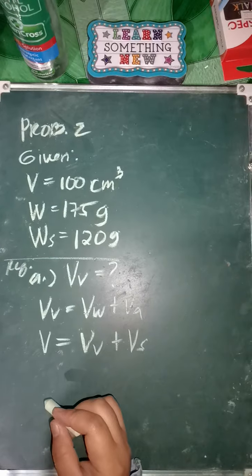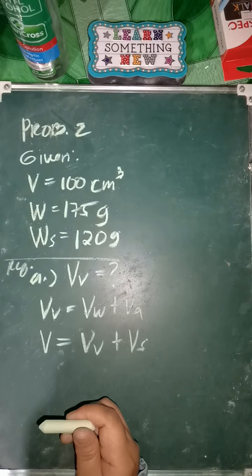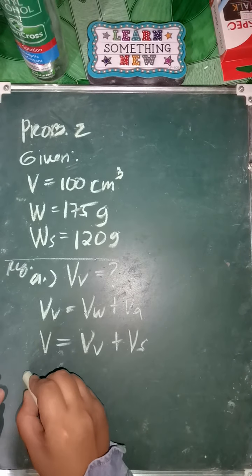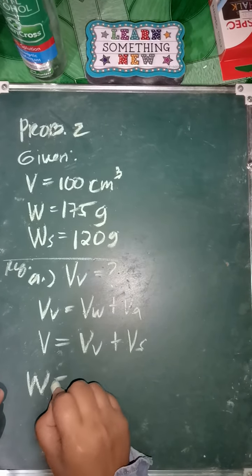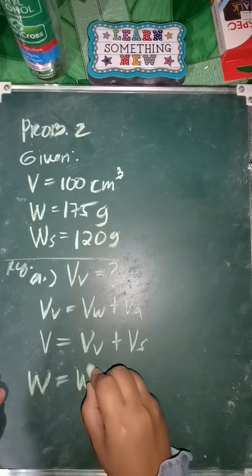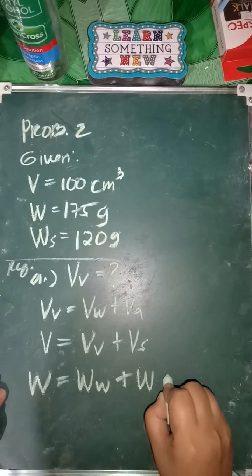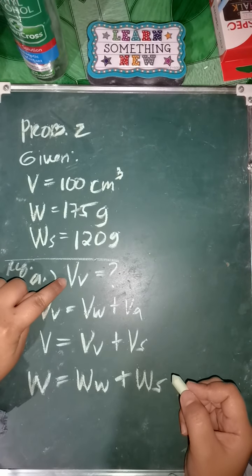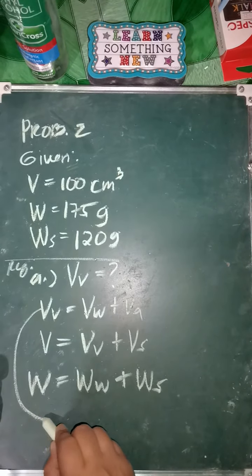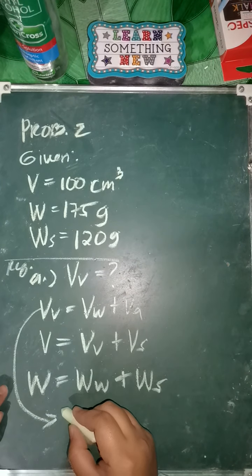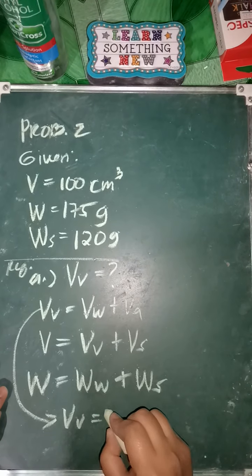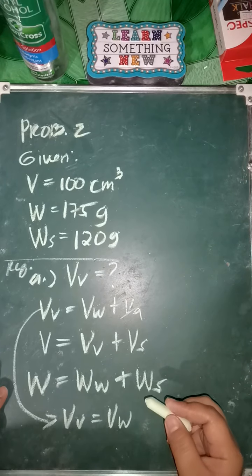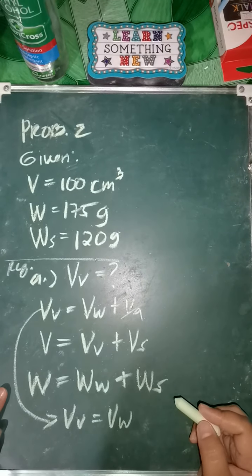We also have the basic equation for the phase relationship of the soil, in relation to our given. The weight of the soil is equivalent to the weight of the water plus the weight of the solid. Since our focus is the volume of voids, we can only get this equation. The volume of voids equals the volume of water, since the air is considered to be 0.